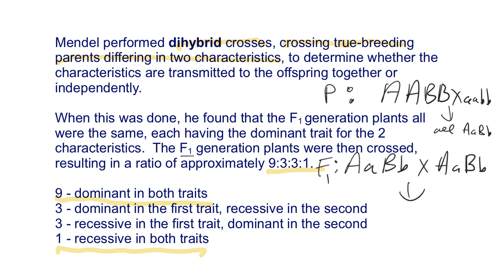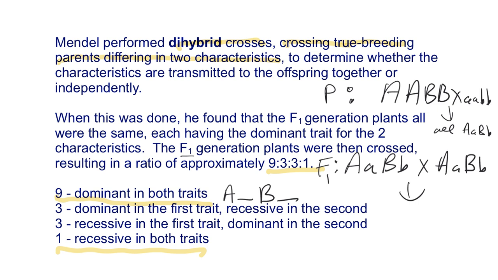And you're going to get a 9:3:3:1 ratio. 9 dominant in everything. Well, this is genotype; these are phenotypes. So you get 9 that were big A anything, big B anything.